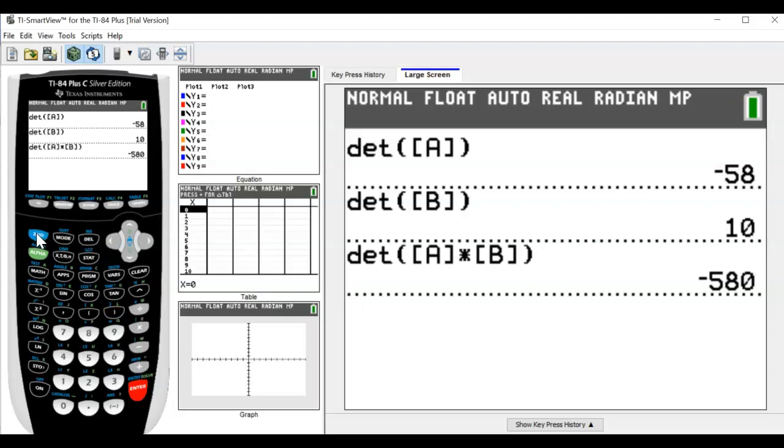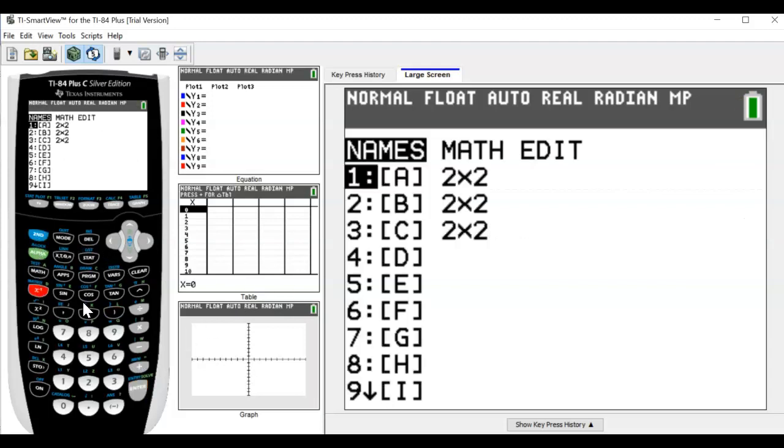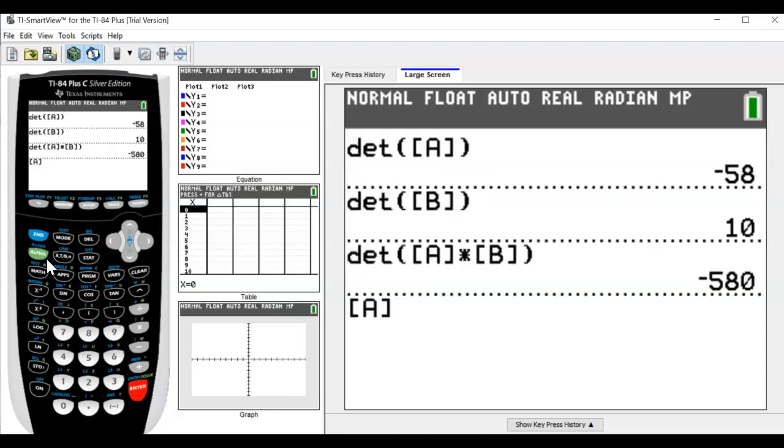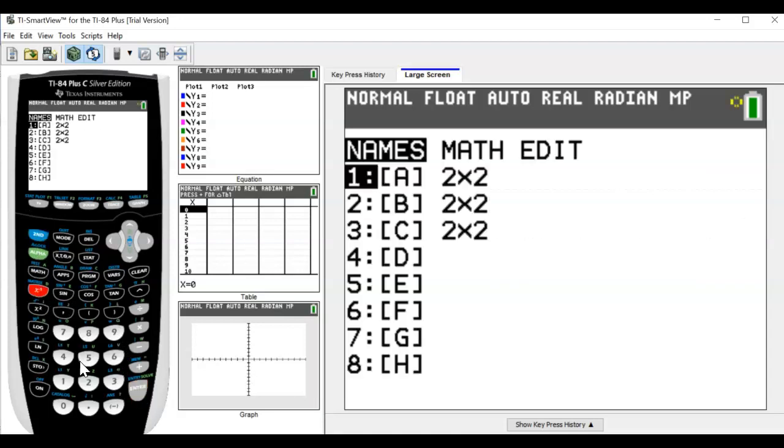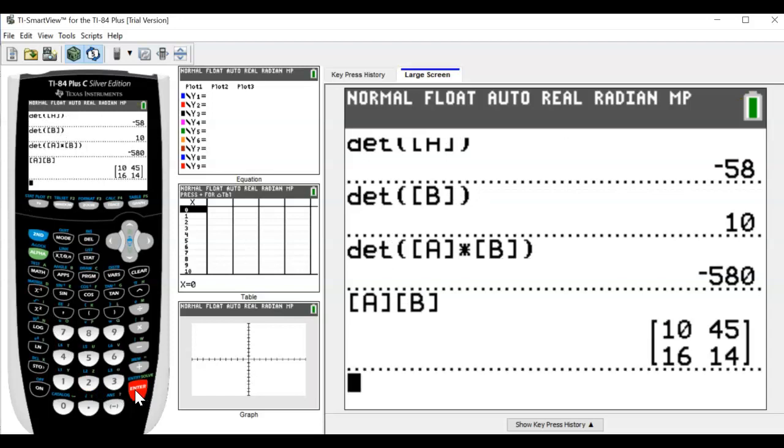Or if you wanted to do it in the two-step process, you could multiply matrix A times matrix B, get that matrix. In fact, we can even store it if we want to.